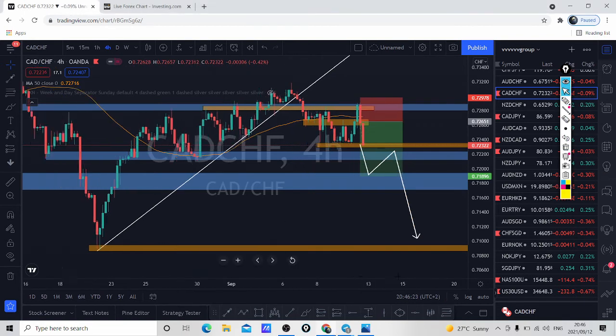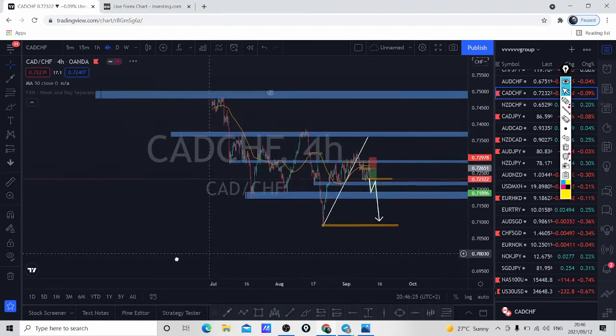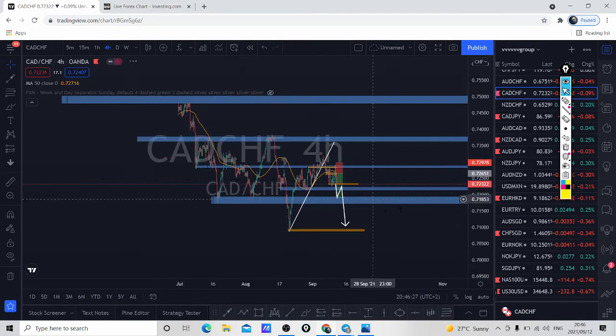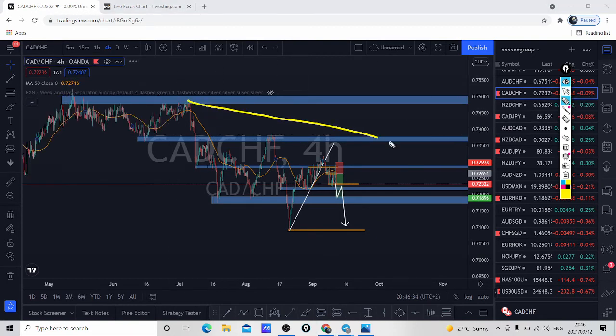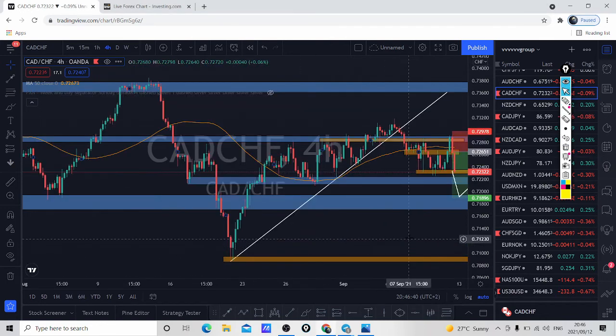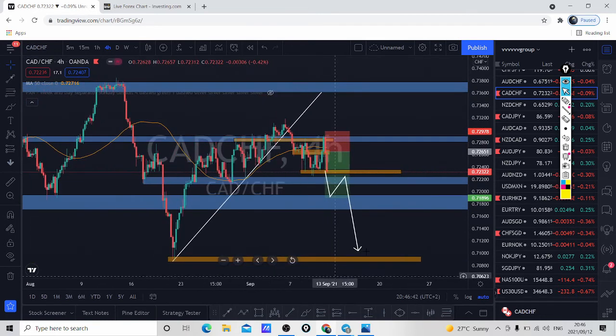Even if we look at the higher time frame, we can clearly see that the market is trying to go to the downside. As you can see, it's making something like this. Okay, so it's much better to wait for sell entries only if the market is like that, especially if you are new in trading.